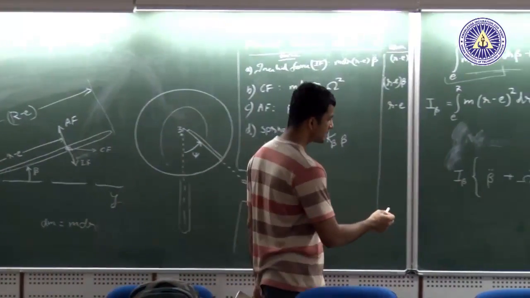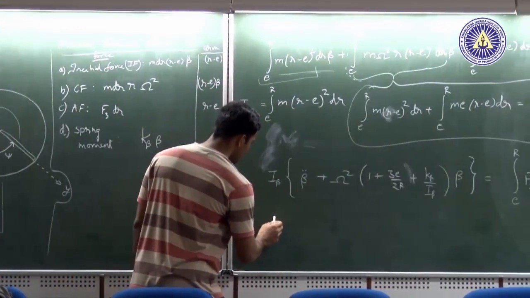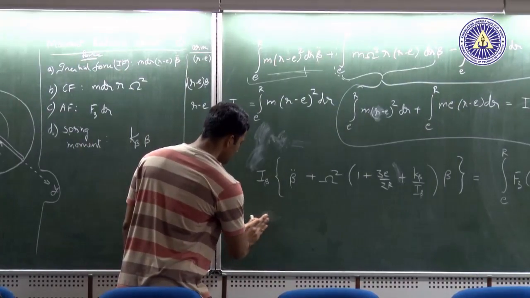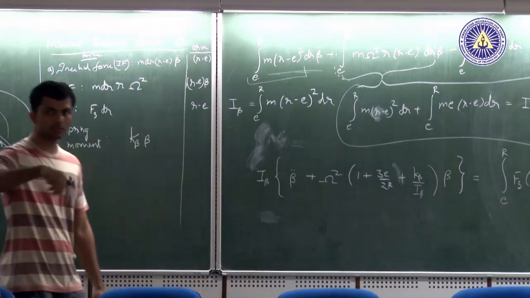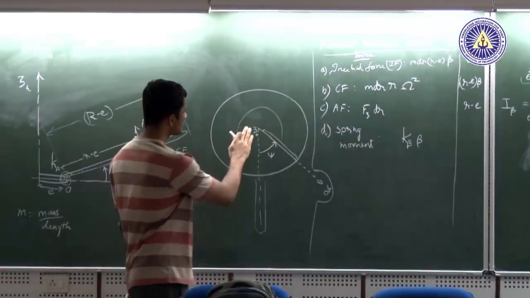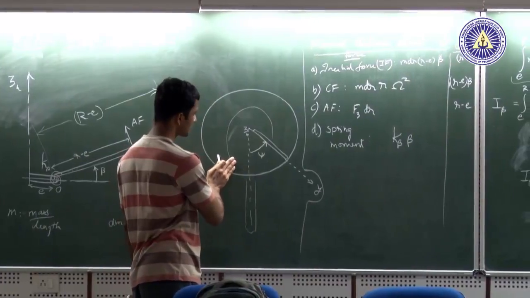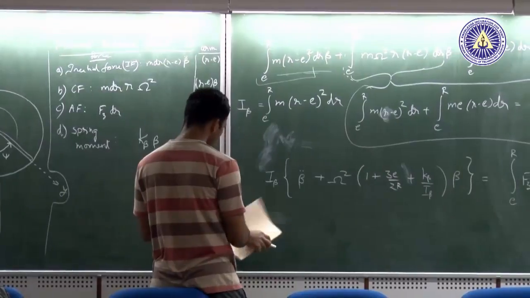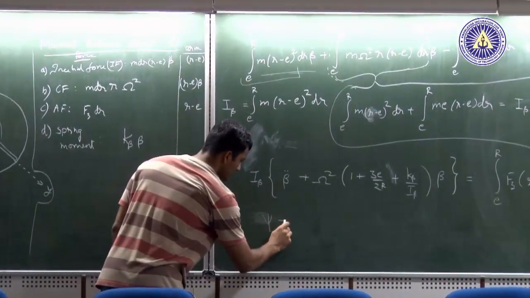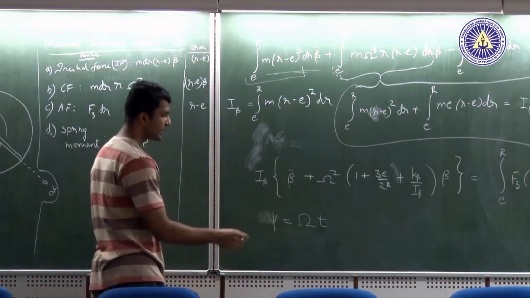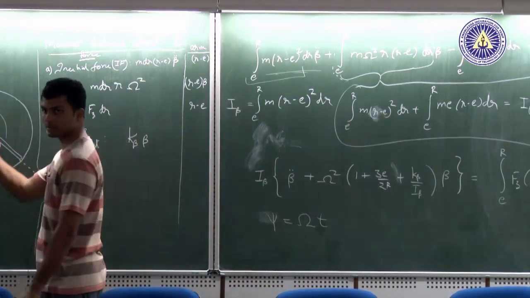So you have d psi by dt. In other words, the rotor is rotating at a constant speed, this blade. So we can write psi as, without loss of generality, omega t, where omega is the angular velocity of the rotor.